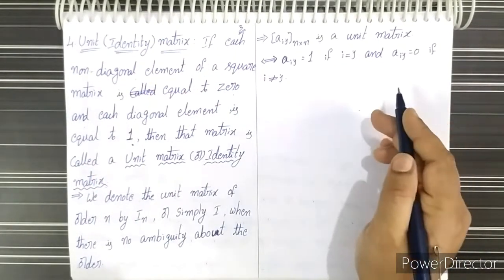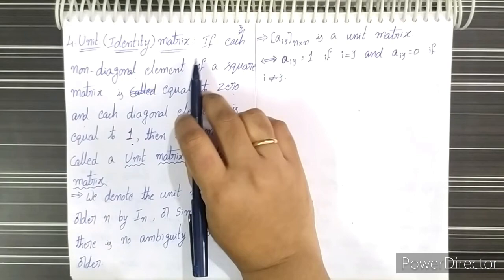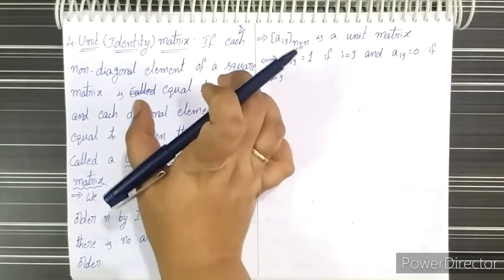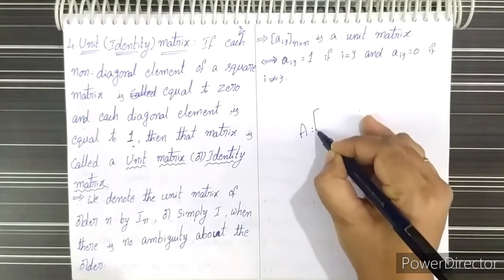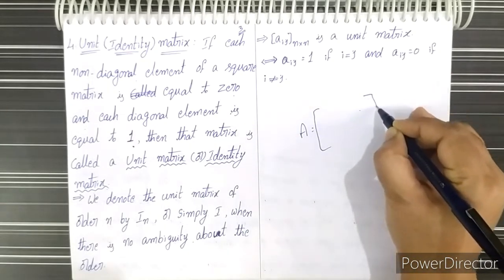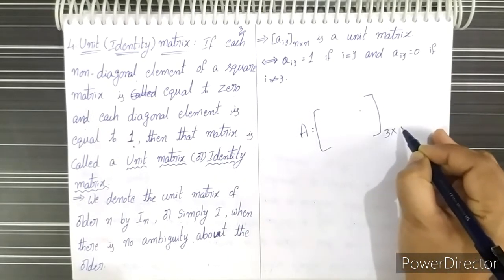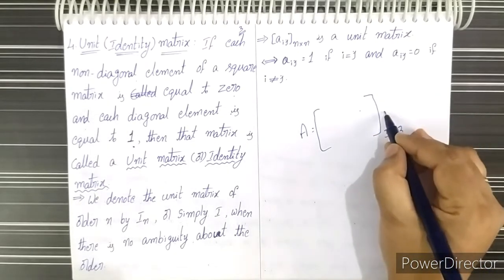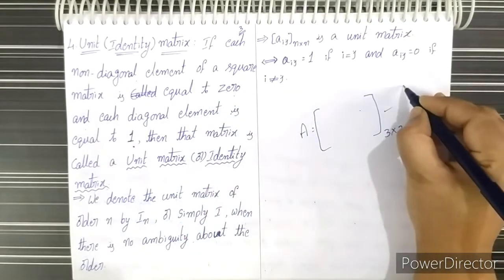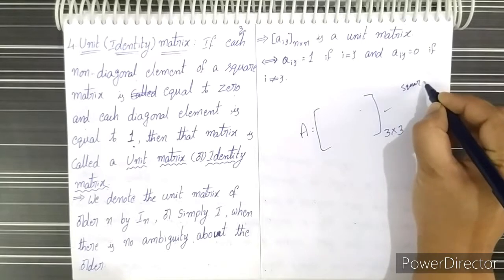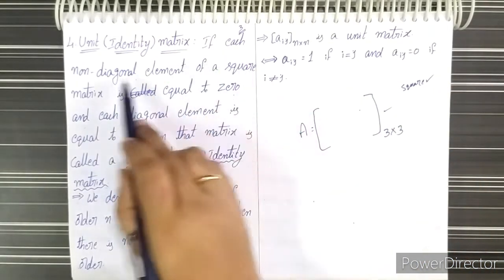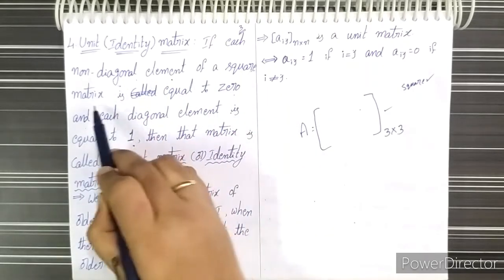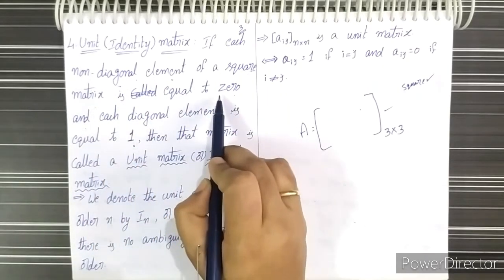Identity matrix means the given matrix is a square matrix. We can take the matrix of order 3 by 3. This is a square matrix. The first condition is square matrix. Next, each non-diagonal element of a square matrix is equal to 0.